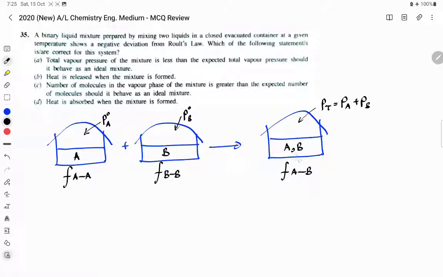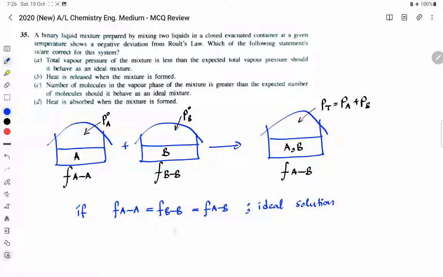When they are mixed completely, they form interactions with each other, so their vapor pressures are decreased. Now, if F_AA equals F_BB and equals F_AB, the newly formed interaction is equal to the intermolecular interactions of the pure liquids, then it is called an ideal solution.